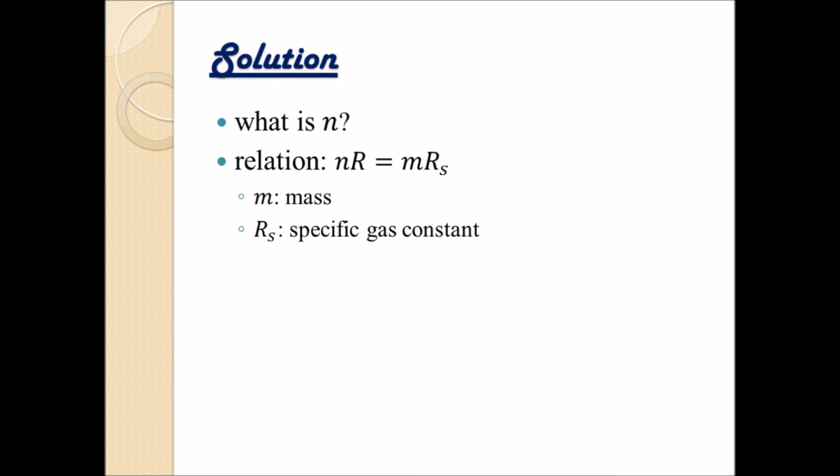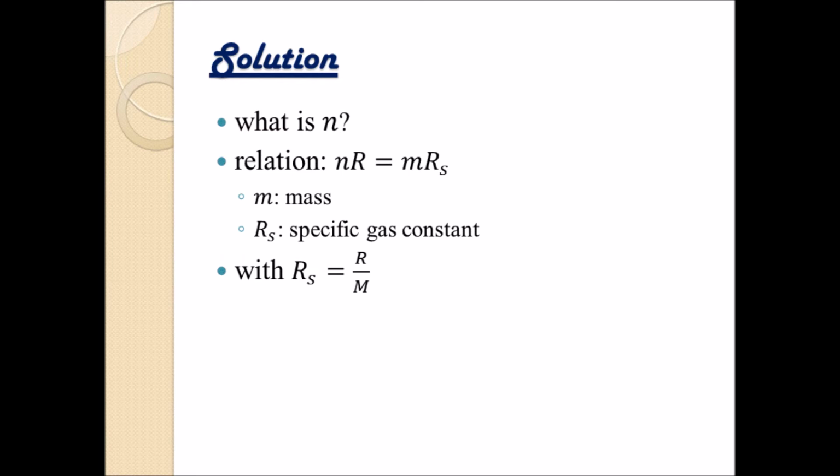N times R equals M times Rs, where M is the mass, and R is the universal gas constant, Rs is the specific gas constant of a specific gas, as this name suggests. And yes, we can relate those two R's with Rs equals R, the universal gas constant, divided by M.